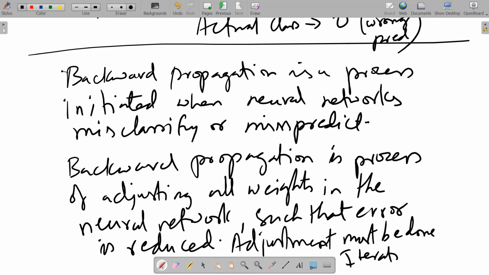That means using multiple iterations, you should reduce the error, not doing it in one go. If there are lakhs and lakhs of weights, all of them must be adjusted; you can't ignore one weight. That is the concept of backward propagation, which involves derivative calculus.